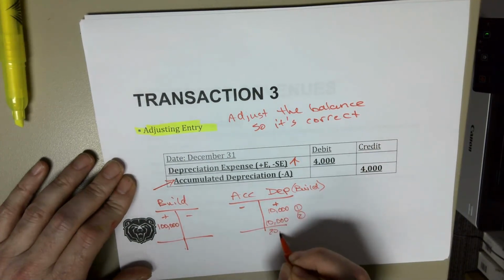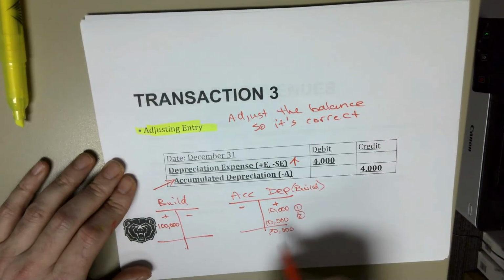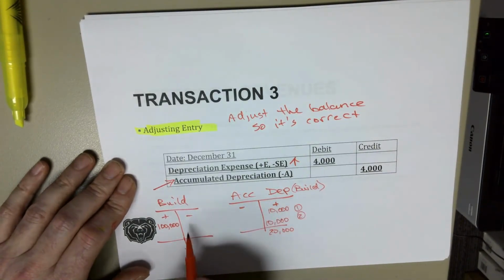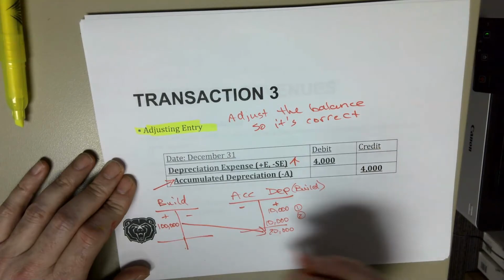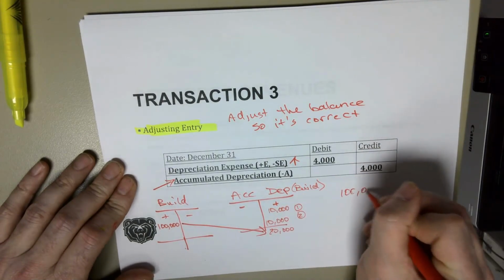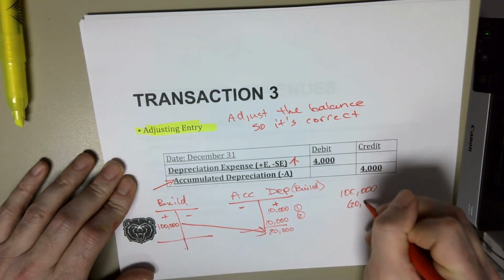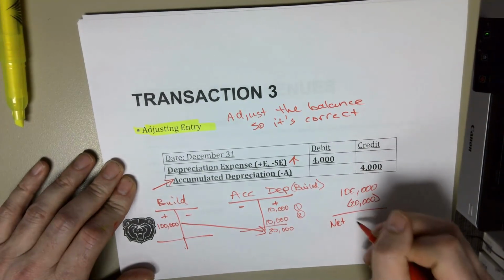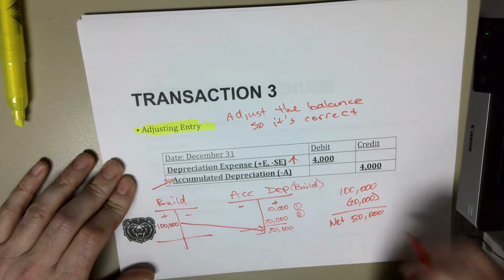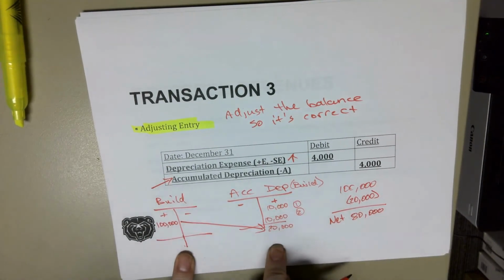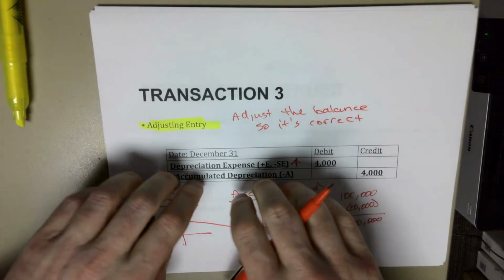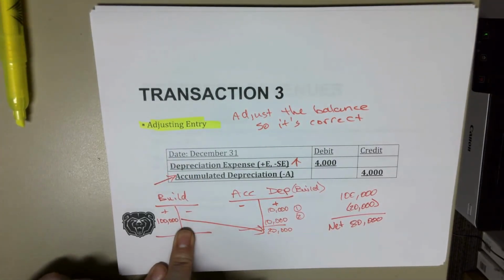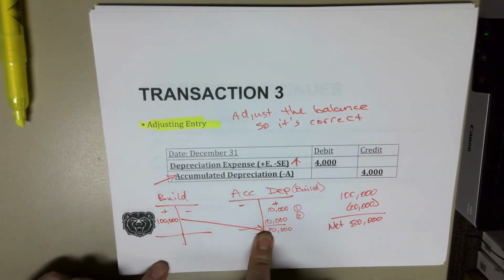At the end of year two, you have $20,000 in this account. What we would do is net these two together. So we would say $100,000 less that $20,000 gives us a net value on our building of $80,000. That's what the accumulated depreciation account is doing. It will literally sit right next to your asset account and just reduce the value of it.